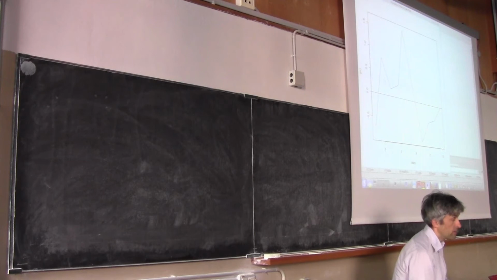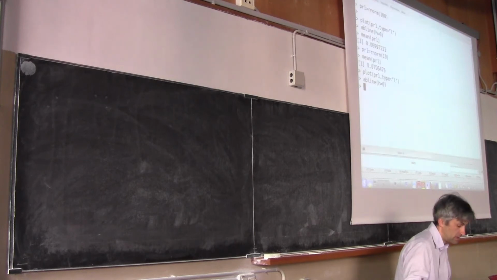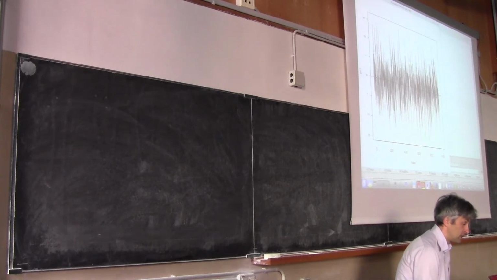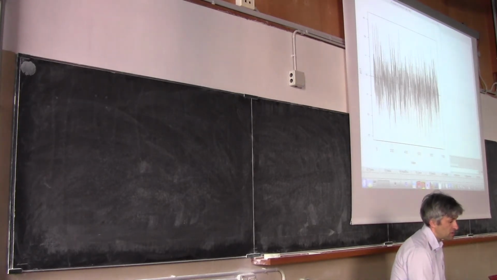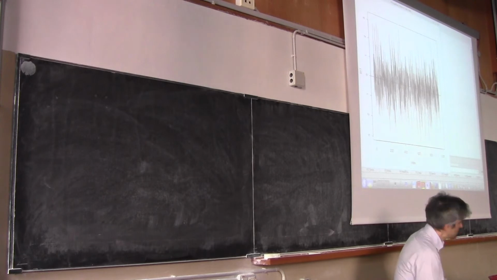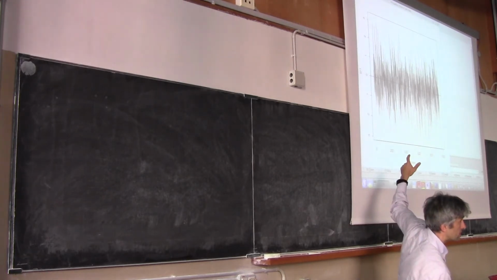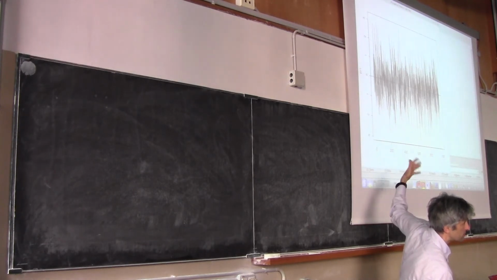Now let's try with a greater sample size. Let's try with 1000. This is the plot, and let me show the mean. Okay, it's more difficult to read this graph. It's more difficult to read a graph when you have a lot of data, but in this case it seems that the distribution, at least if you look at the scale of the ordinates, is symmetric, from -3 to 3.